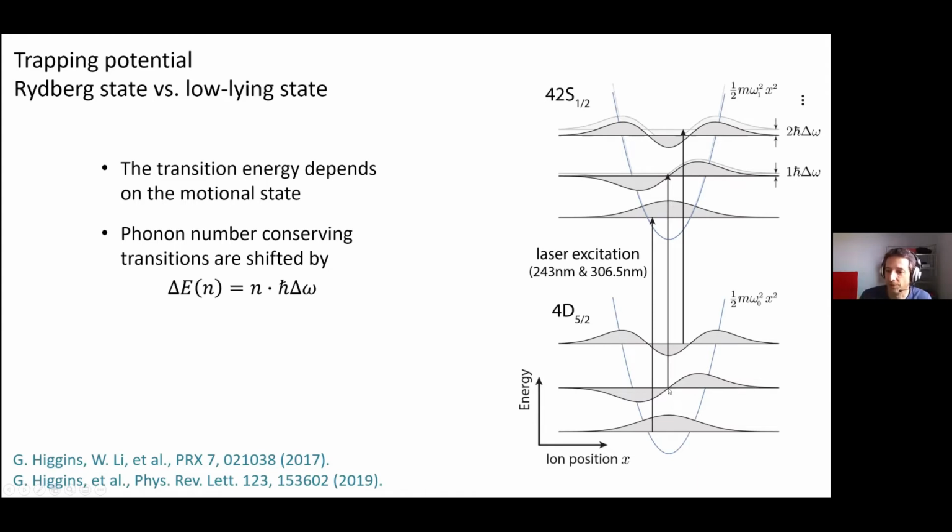However, if you go from 1 to 1, you will have a slightly different frequency due to this change in trapping potential, because the difference in energies up here is slightly different than the difference in energy down here. So you will have one frequency going up here, a slightly shifted frequency here, and a little bit more shifted frequency there. So the shift is n times h bar delta omega, where delta omega is the change in trapping frequency.